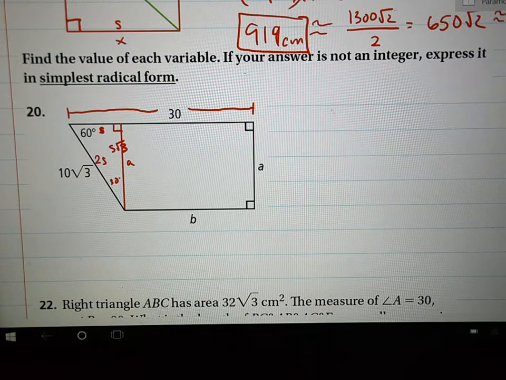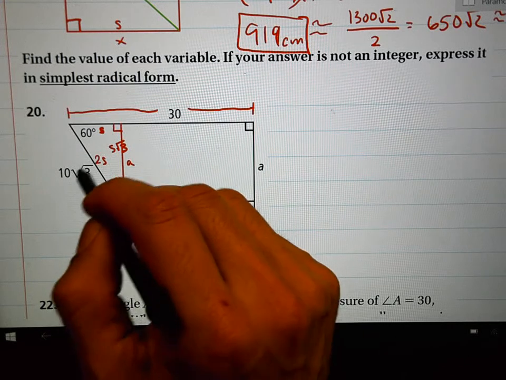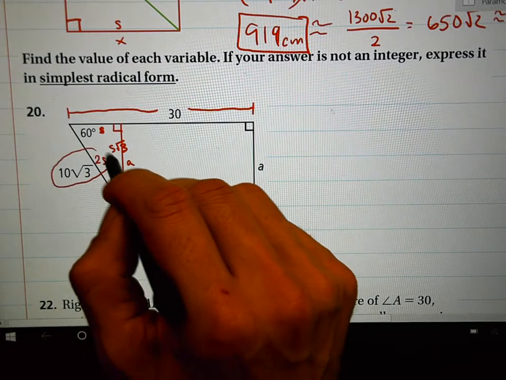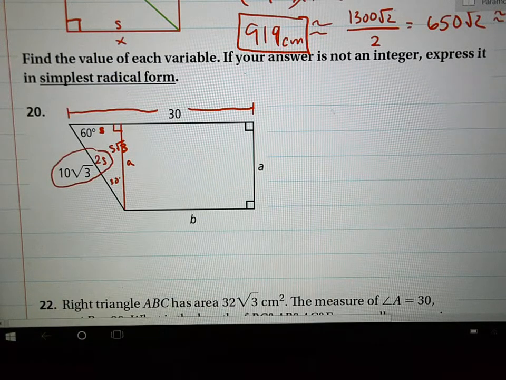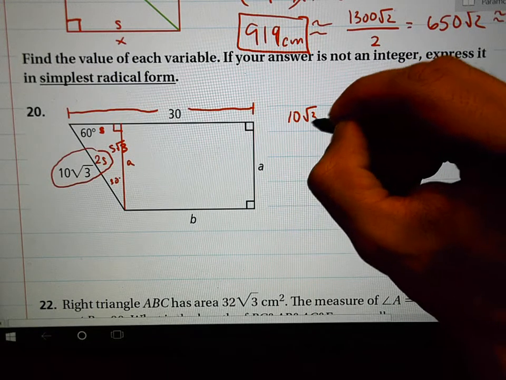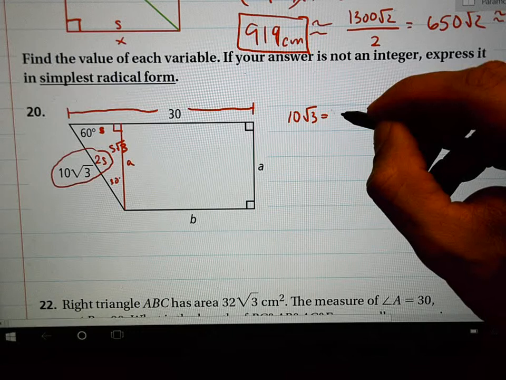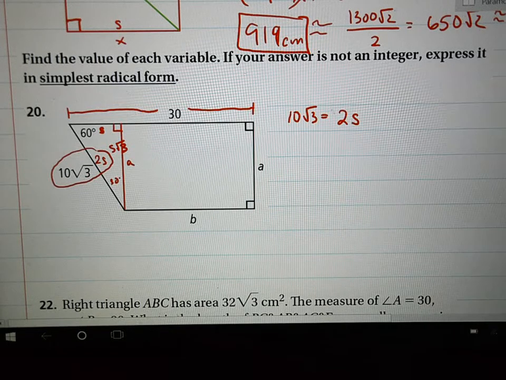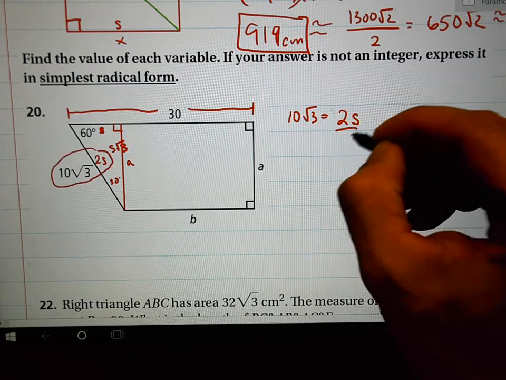And the value that they give me is, this is 10 root 3, and that's on the same side as 2S. That's my equation. 10 root 3 equals 2S. If you want S by itself, you have to do something with that 2. The opposite of multiply by 2 is divide by 2.